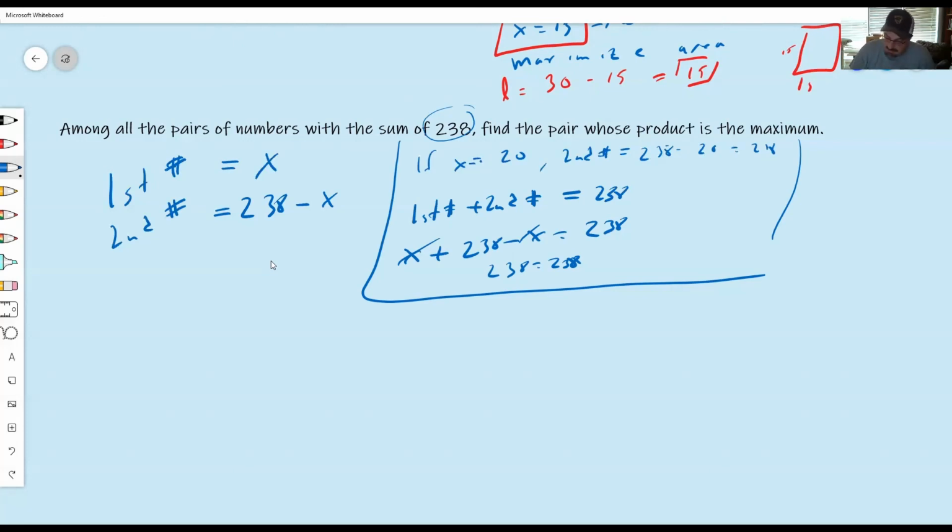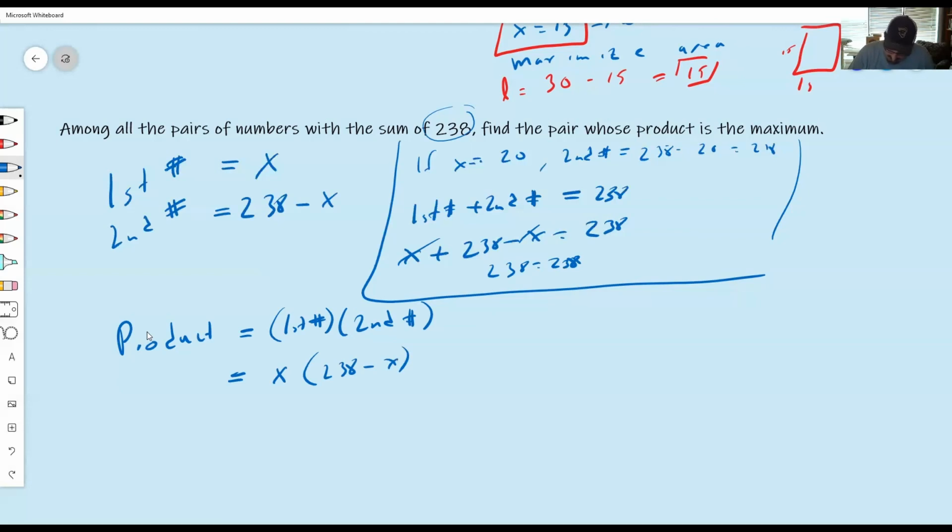Then it says, find the pairs whose product is a maximum, right? Product means multiplication. So product of first number times second number. So it's going to be x times 238 minus x.